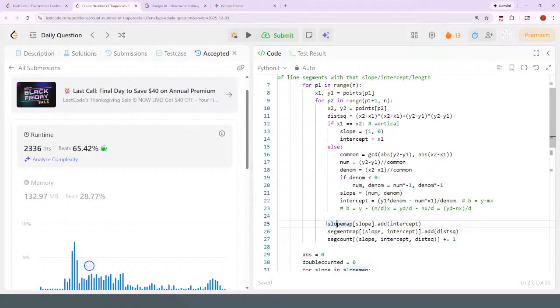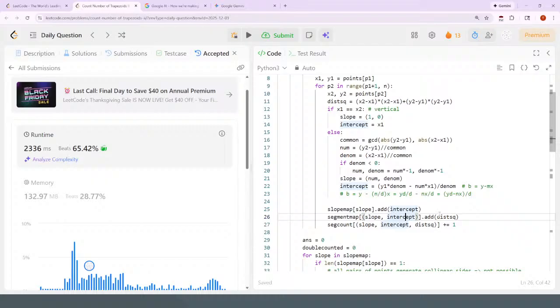And then have sets for all the intercepts from a given slope, all the distances for a given slope and intercept, so basically a line, all the line segments that could be on that line differentiated by their distance, by their length, and then a counter for every line segment on a particular line with a certain distance, with a certain length.